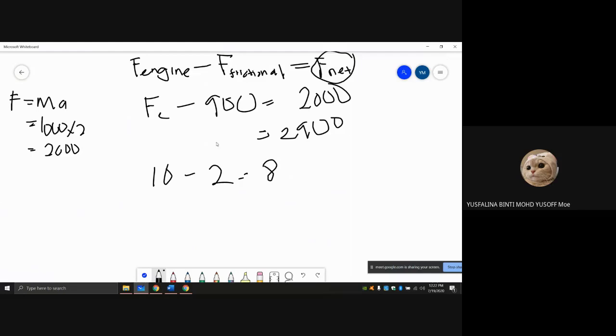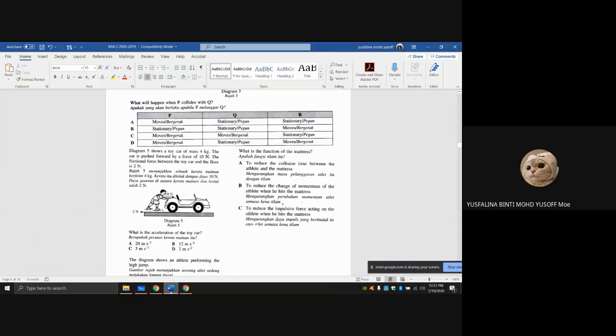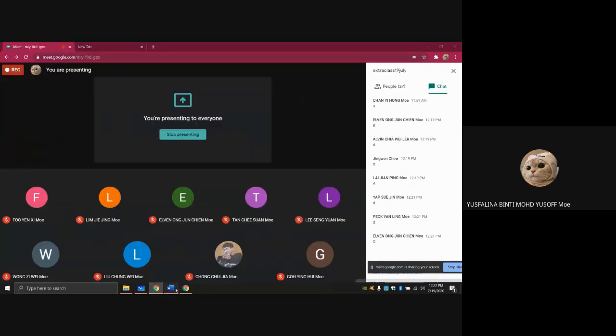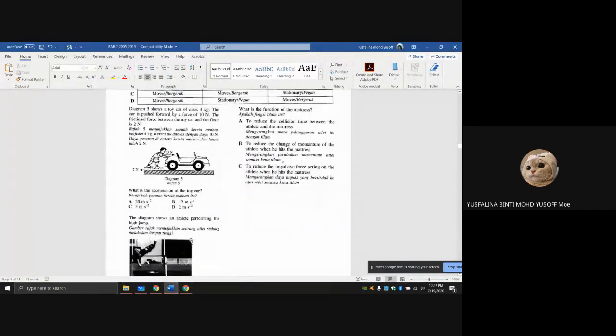Then use this formula, F equals ma. F is 8, and the mass is 4. So you get 2 m/s². So the answer should be D.